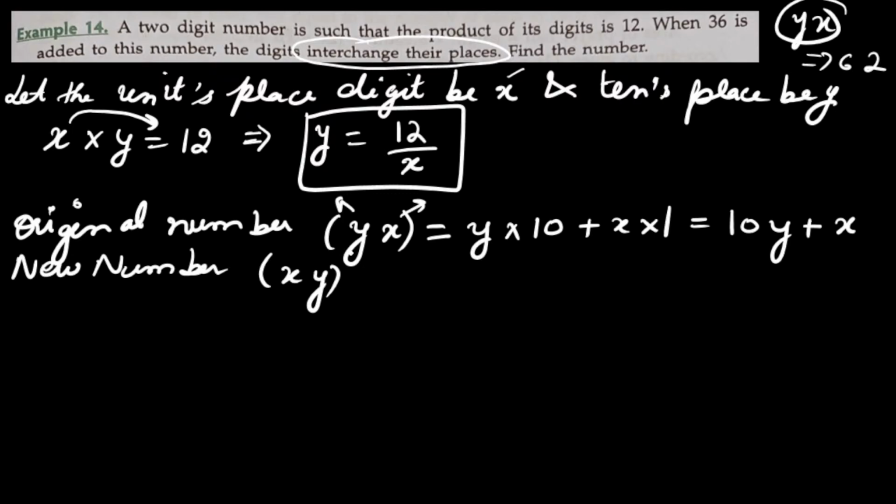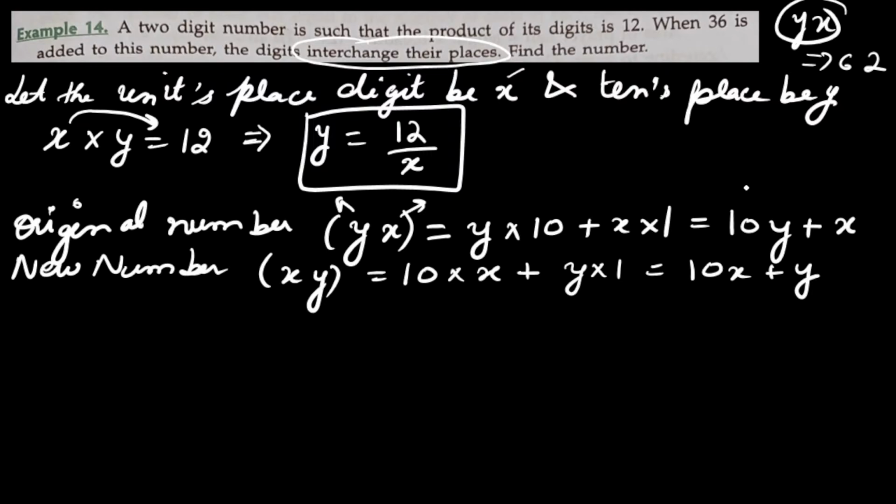The original number was yx, but the digits got interchanged when we add something. So how will this number look? It will look like 10 into x, because now x is at the tens place and y is at the ones place. So the number will look like 10x plus y.